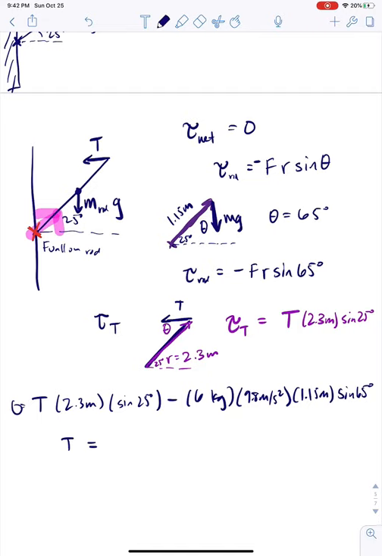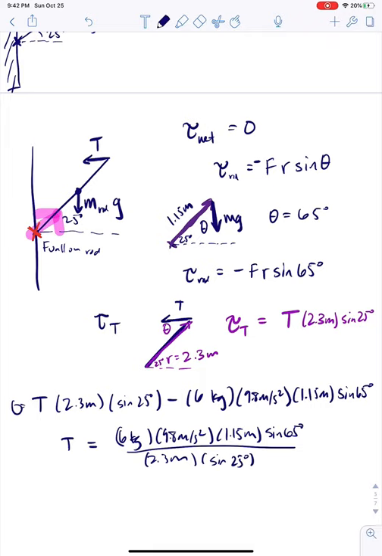And that is going to give us, when we plug in numbers, that our tension is 6 kilograms times 9.8 meters per second squared times 1.15 meters times sine 65 degrees over 2.3 meters times sine 25 degrees, and that is a tension of 26.4 newtons.